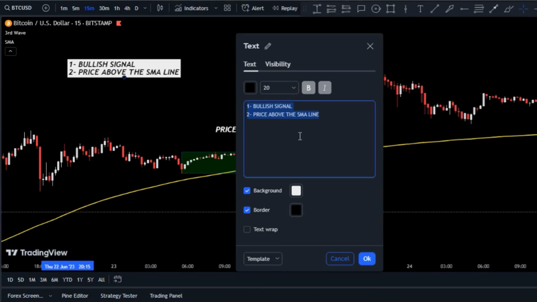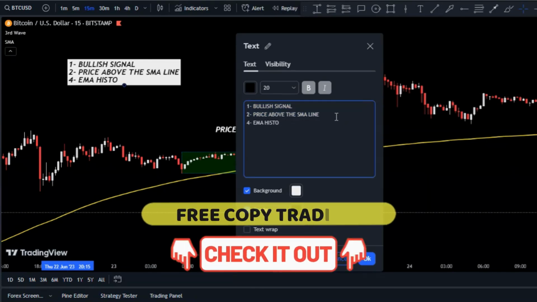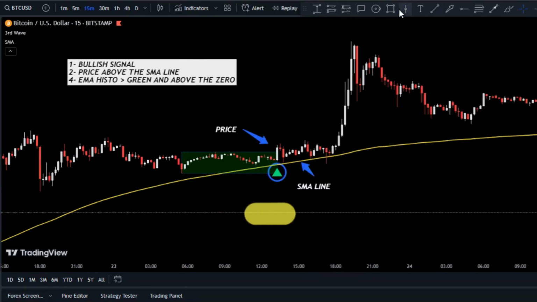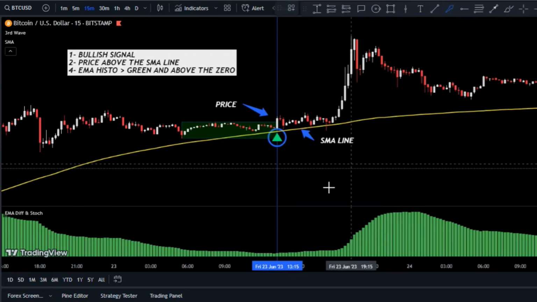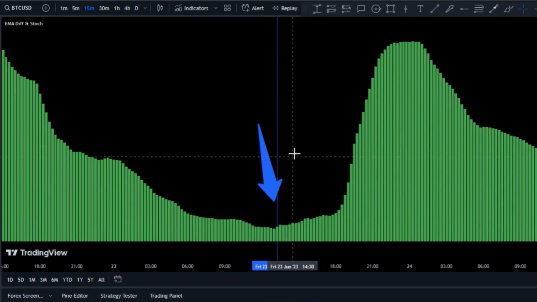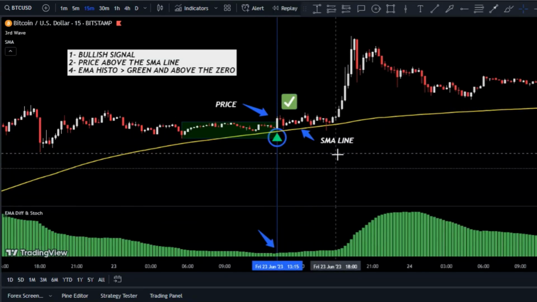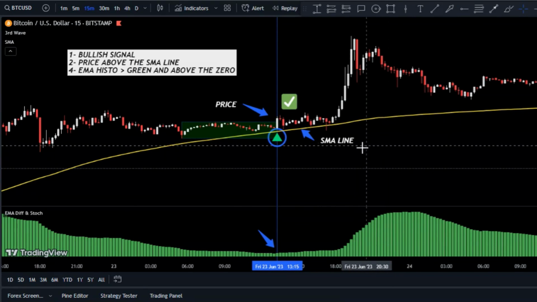In the final phase, the histogram should be green and above 0. So, if all these conditions are met, you can open a long position.